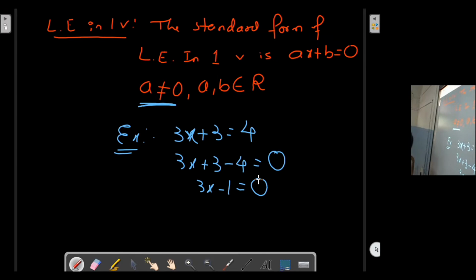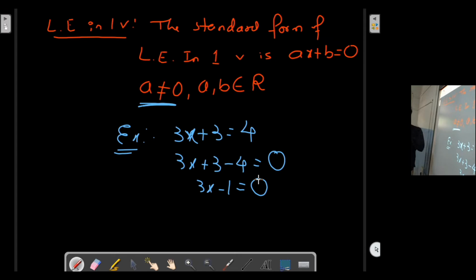Is 3x minus 1 a polynomial or not? Yes. What is the degree of this polynomial? 1. So therefore it is a linear equation in one variable. Why one variable? This equation consists of only one variable, and the degree of this variable is 1. So that's why it is called a linear equation in one variable.